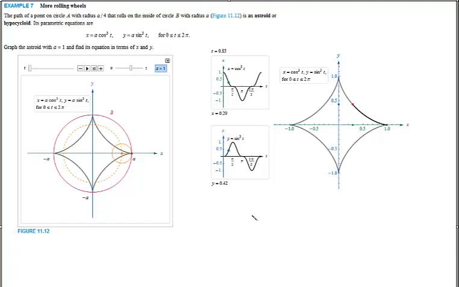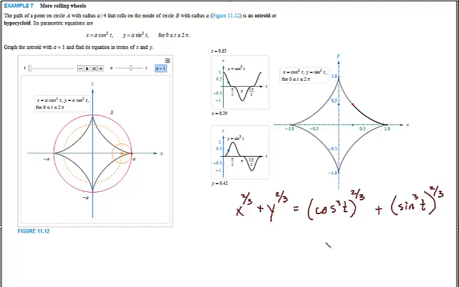I'm going to pull that little trick that I did before where I looked at x squared plus y squared, but since this is cubed, I'm going to look at x to the 2/3 plus y to the 2/3, and I'm going to see what that equals. I'm just going to plug in cosine cubed t to the 2/3 plus sine cubed t to the 2/3.